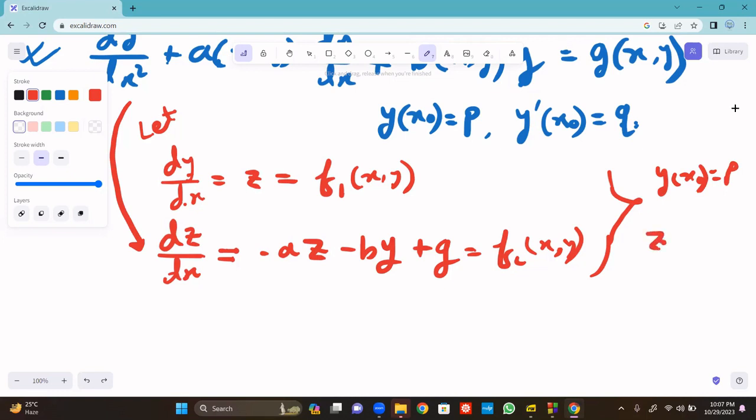So z at x naught equals q. So we have two initial conditions and no derivatives involved. So this is the exact situation that we can solve using Euler method. Only this time we have a system instead of a single equation.